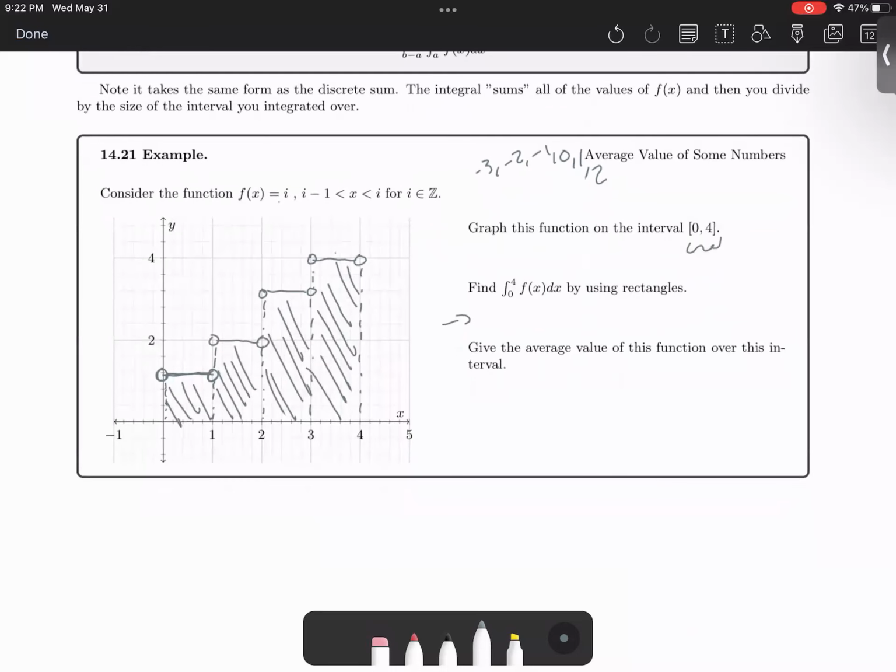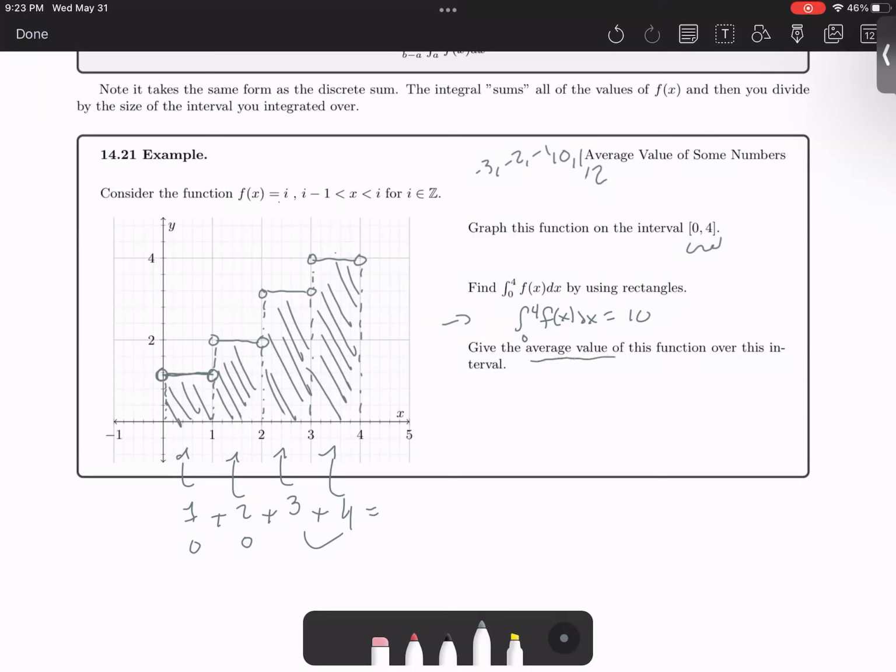They all have a base of 1, so their areas are equal to their heights. It has an area of 1, this has an area of 2, 3, and 4. So if I add 1, 2, 3, and 4, I get, what is that? 4 and 3 give me 7, 9, 10. So the area between 0 and 4 underneath this function, which we were able to find by just using 4 rectangles, is equal to 10.